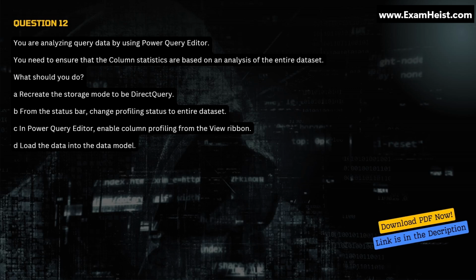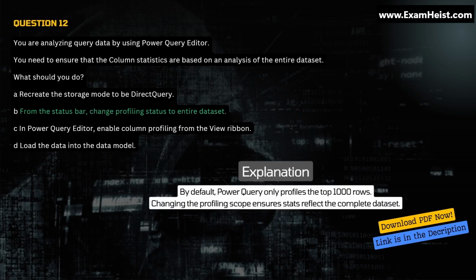C. In Power Query Editor, enable column profiling from the View ribbon. D. Load the data into the data model. Correct answer is B. Explanation. By default, Power Query only profiles the top 1000 rows. Changing the profiling scope ensures stats reflect the complete dataset.